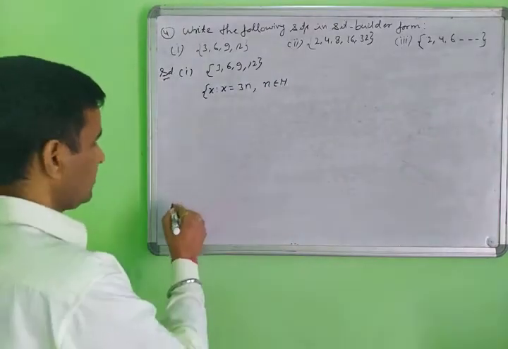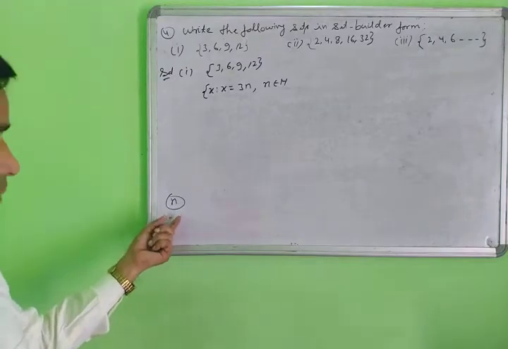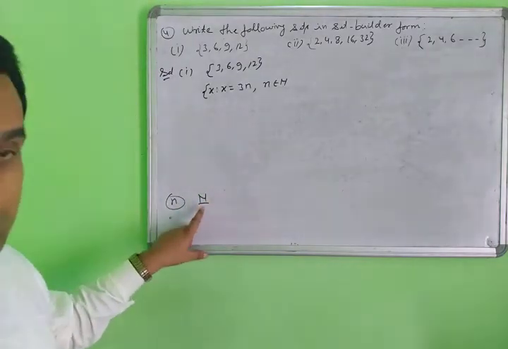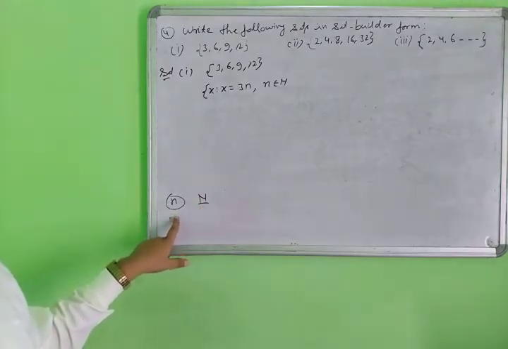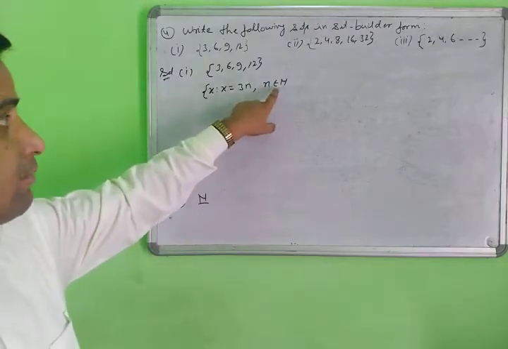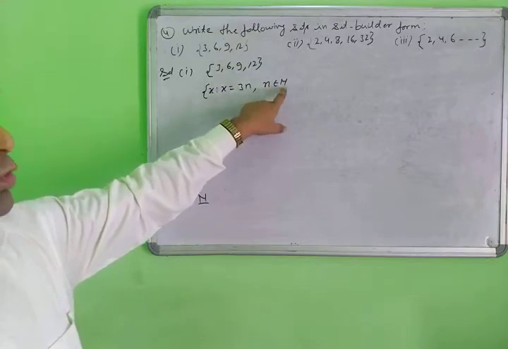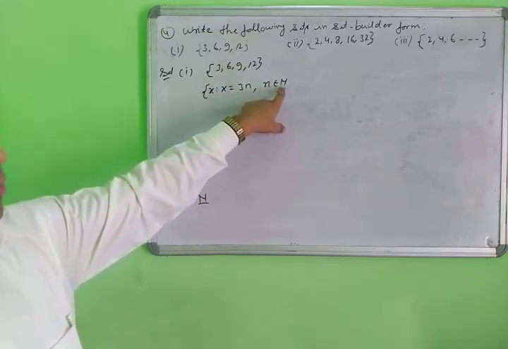Suppose this is the small n. The small n does not represent the natural numbers. The natural numbers are represented by the capital N. Then you write n belongs to N, meaning this small n belongs to the natural numbers.